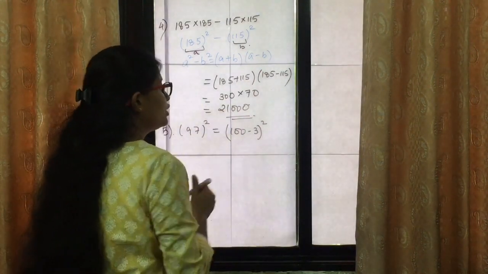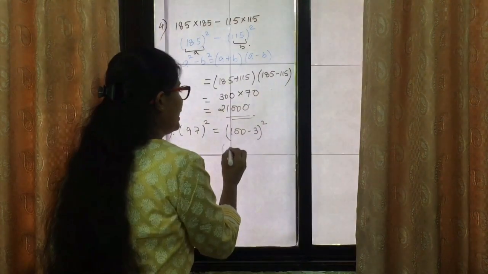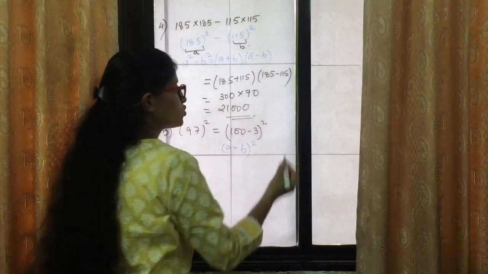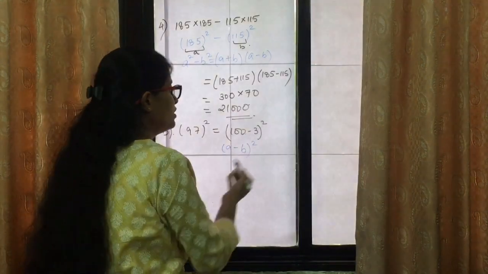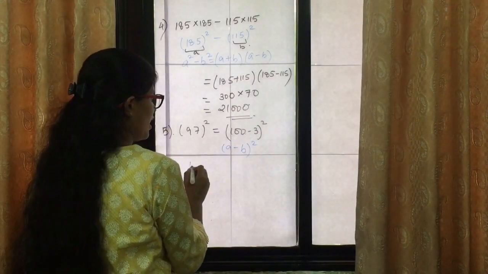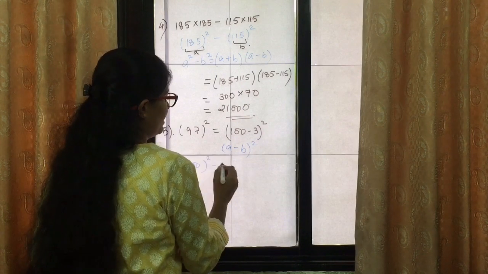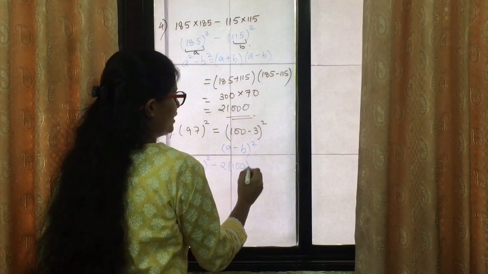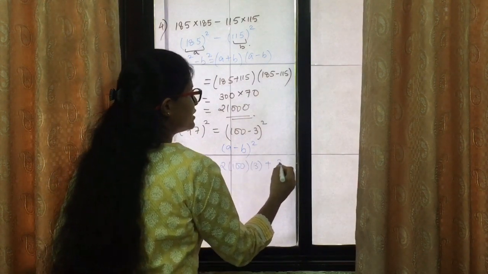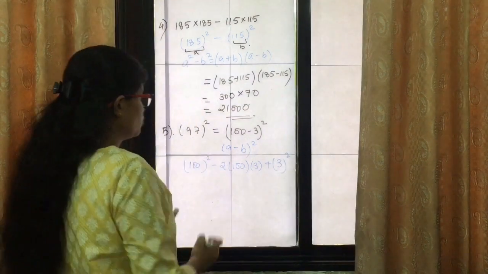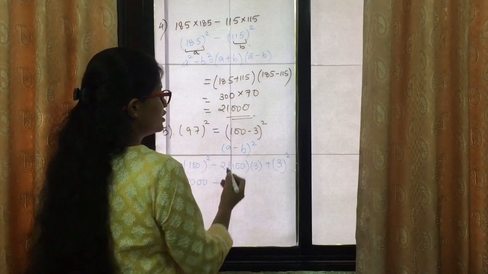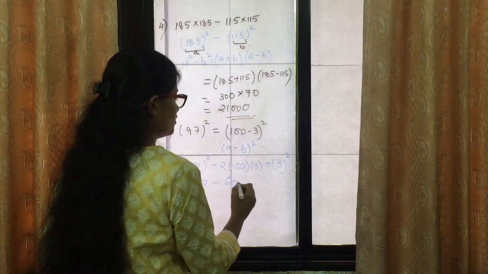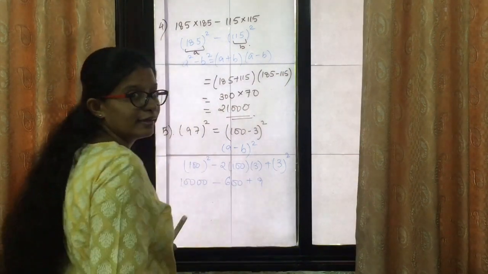So here you can use the identity of (a minus b) whole squared. If you use (a minus b) whole squared in this sum, you will get 100 squared minus 2 into 100 into 3 plus 3 squared. So let's solve this. This will give you 10,000, and again 2 into 100 into 3 will give you 600, plus 9.